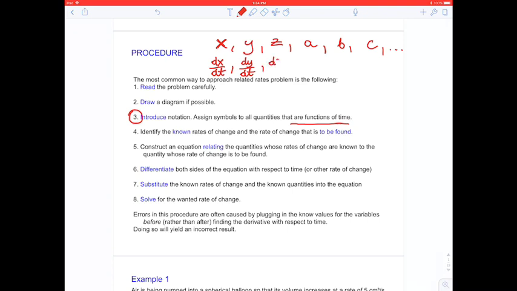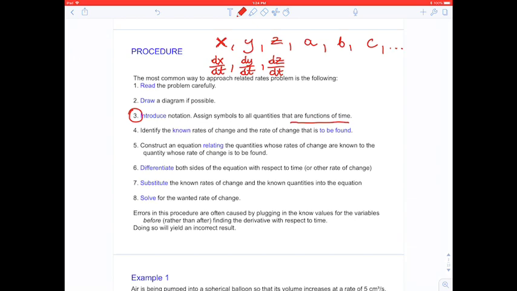And respectively, the same for any other letter, any other label that you choose: dz/dt, dA/dt, the derivative of b, dB/dt, the rate of change of c with respect to time, dc/dt, and so on. Please remember each quantity is changing with respect to time.